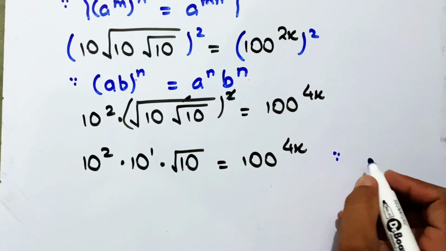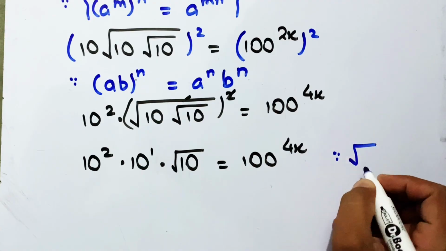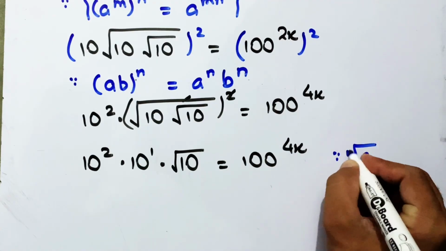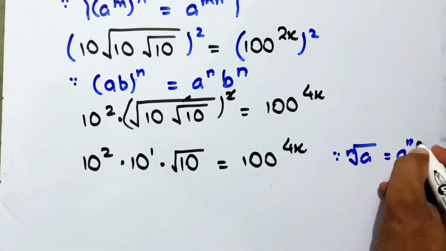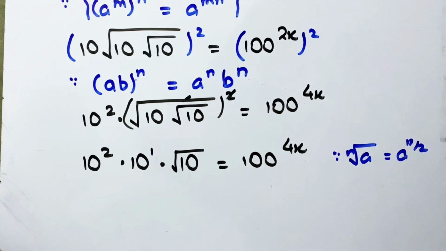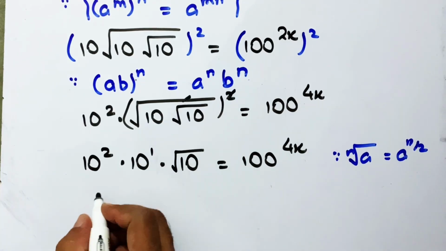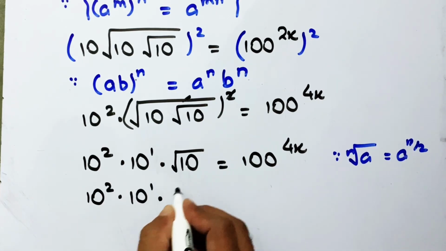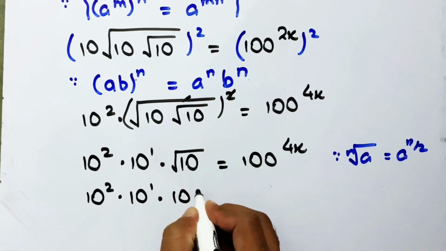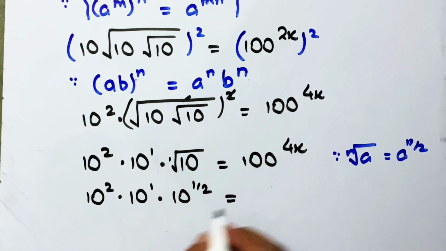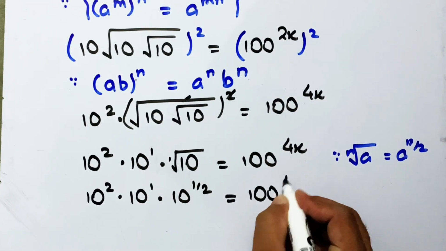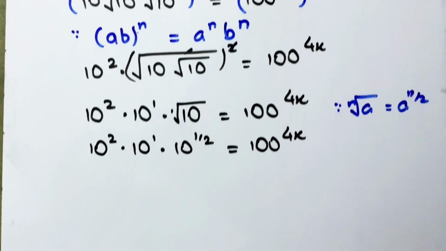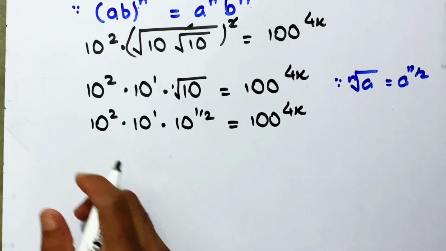Now I am using the fractional exponent rule: the square root of a to the power of n is a to the power of n by 2. So we have 10 squared times 10 to the power of 1 times 10 to the power of 1 by 2, equals 100 to the power of 4x.